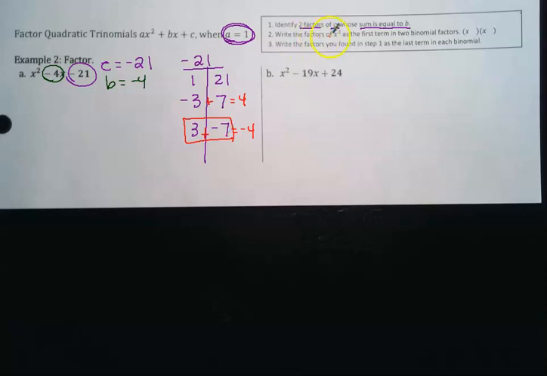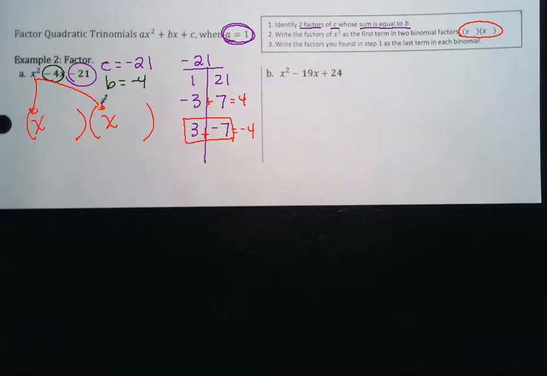Now we're going to write the factors of x squared as the first term in two binomial factors. This is a little bit different. We automatically have x times x, the factors from our x squared, so 1x here and 1x here.